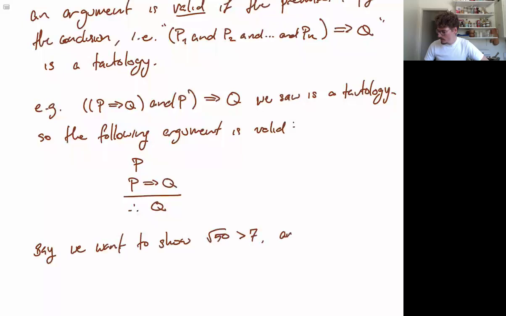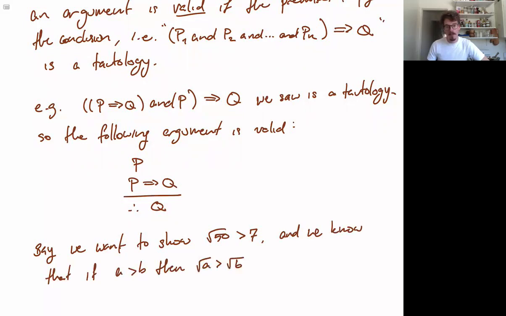And we know that if some number is greater than some other number, then the square root of that number is greater than the square root of that other number. In fact, let me write this like this, the way we were doing before.